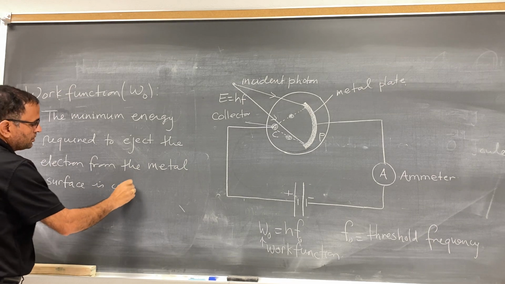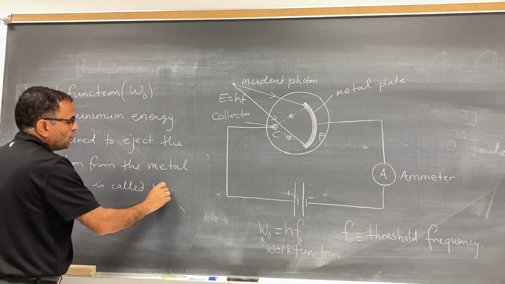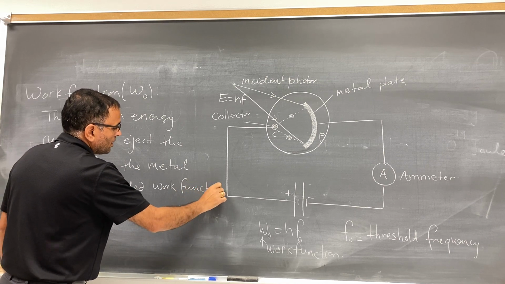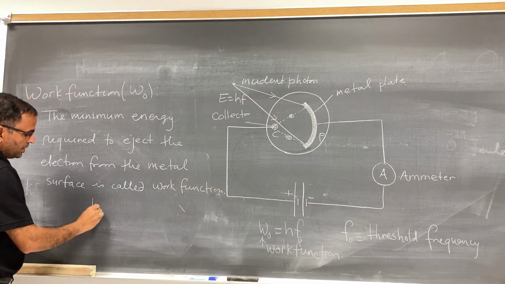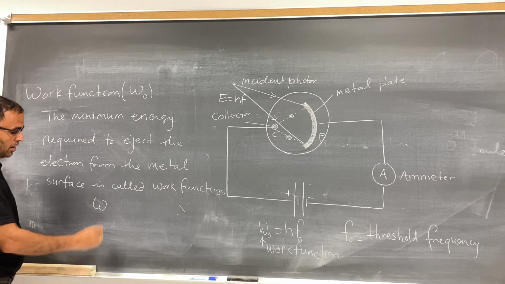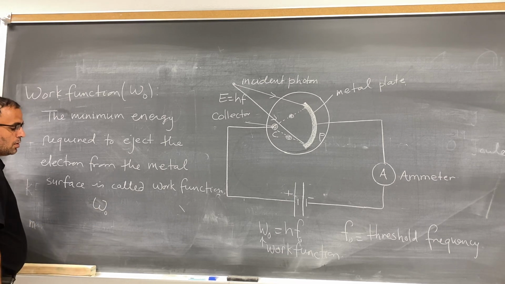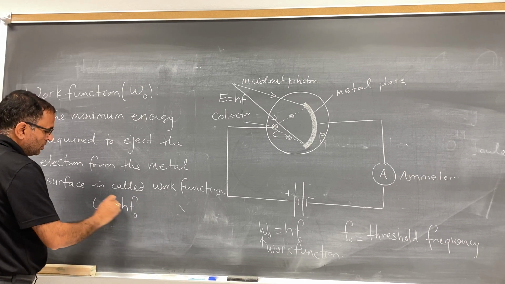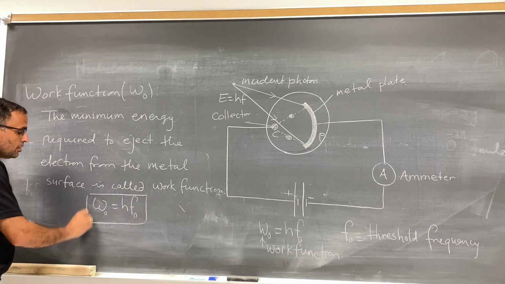It looks like a W, but actually it is omega. You can write omega 0, which is equal to h times f of 0, and this is also an energy.